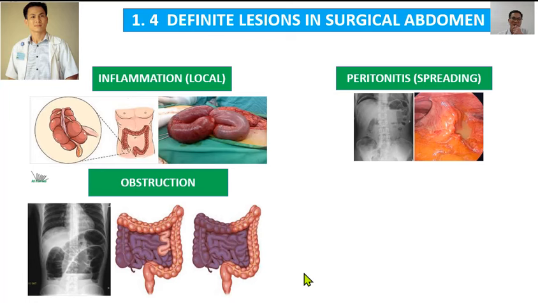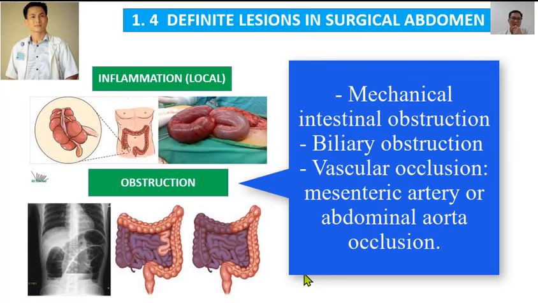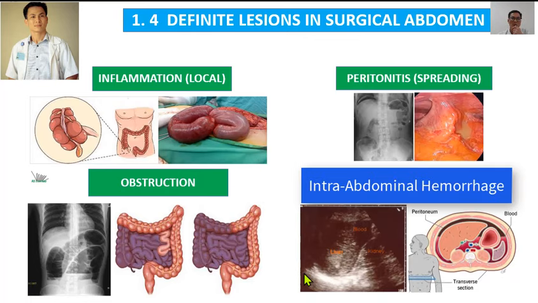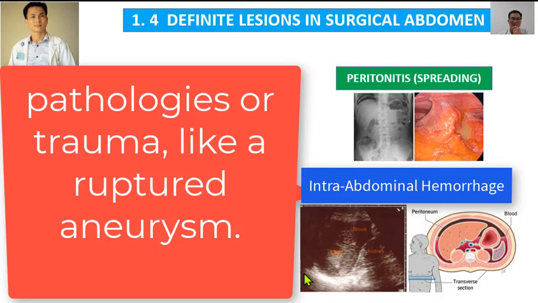This could involve mechanical intestinal obstruction, biliary obstruction, or vascular occlusion, such as mesenteric artery or abdominal aorta occlusion. The last one is intra-abdominal bleeding. This may be due to pathologies or trauma like a ruptured aneurysm.